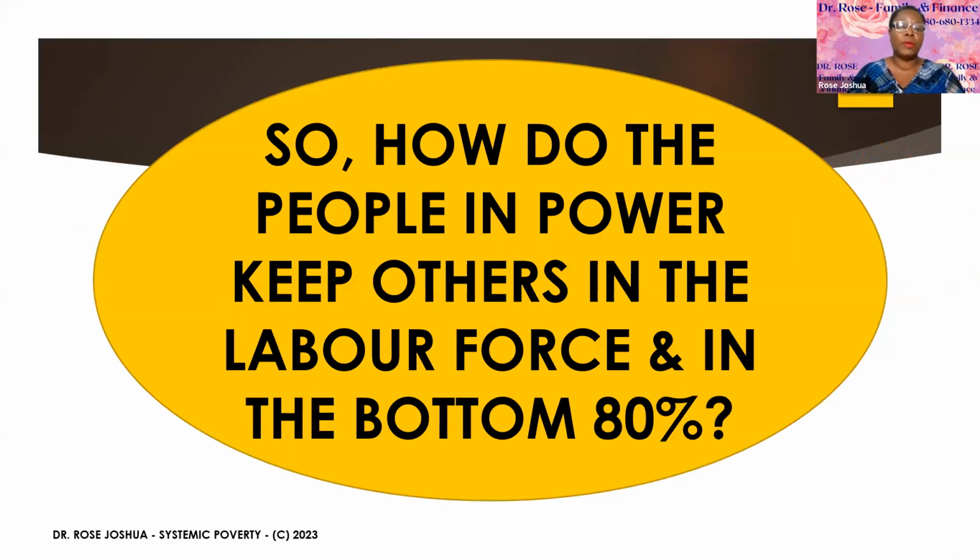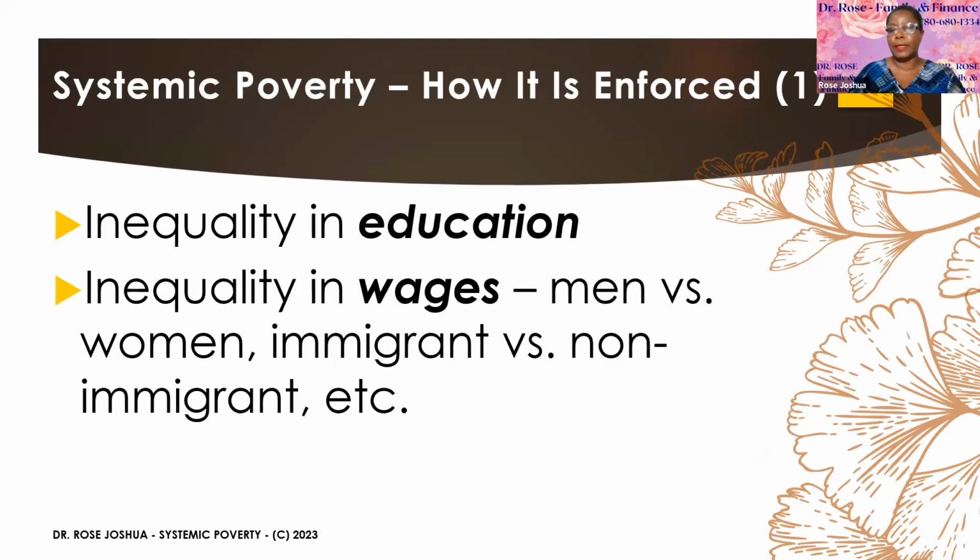So how is the labor force kept at the bottom, really? So different strategies that the powers that be enforce systemic poverty. One of the key ones is inequality in education. And I wouldn't say it's really that the powers that be or the government forces people to not get educated.